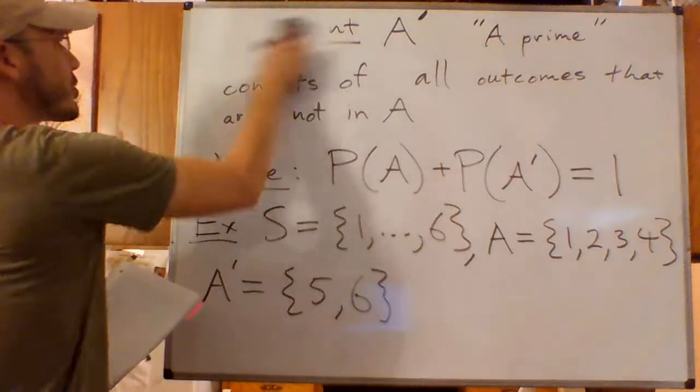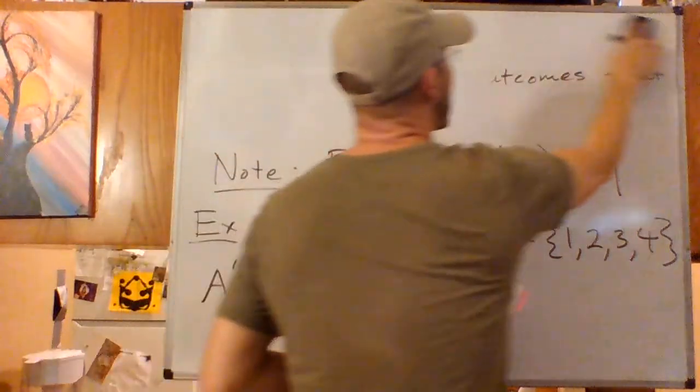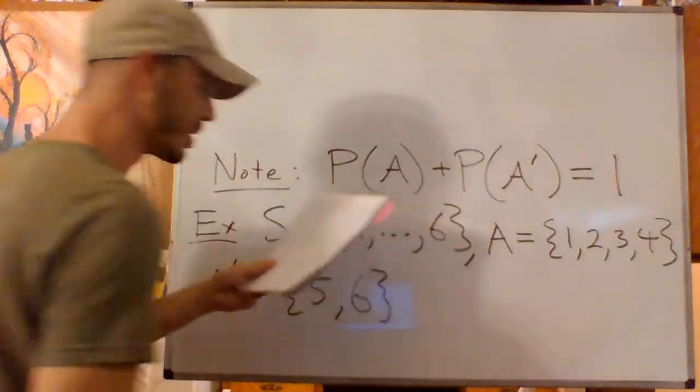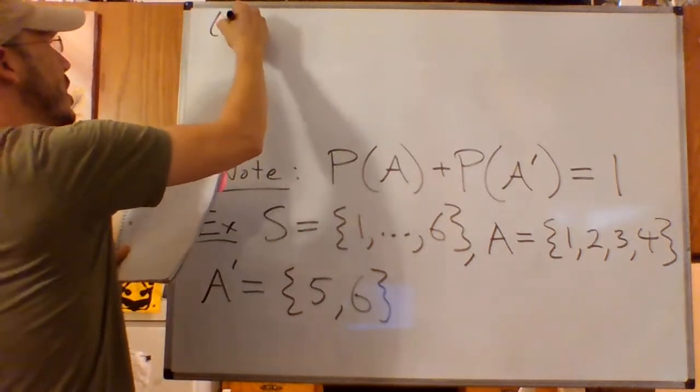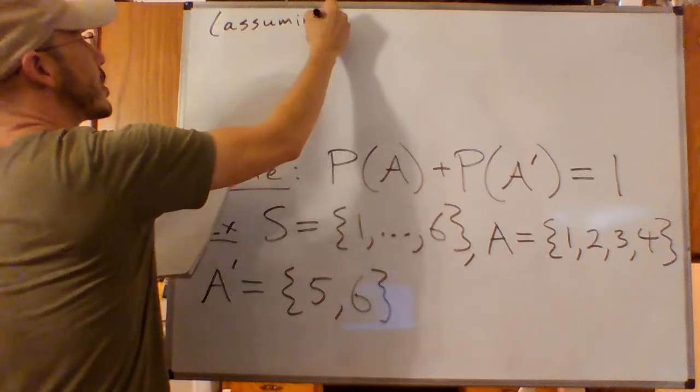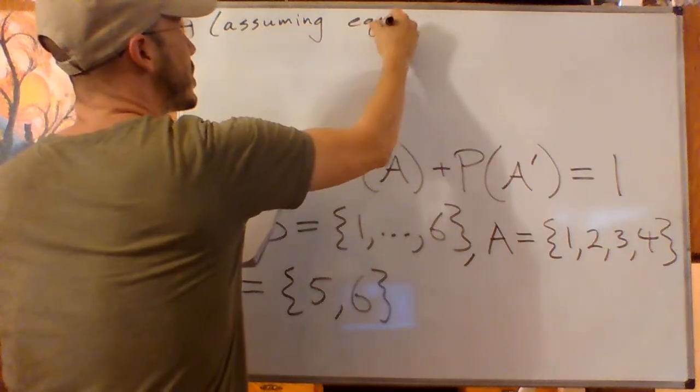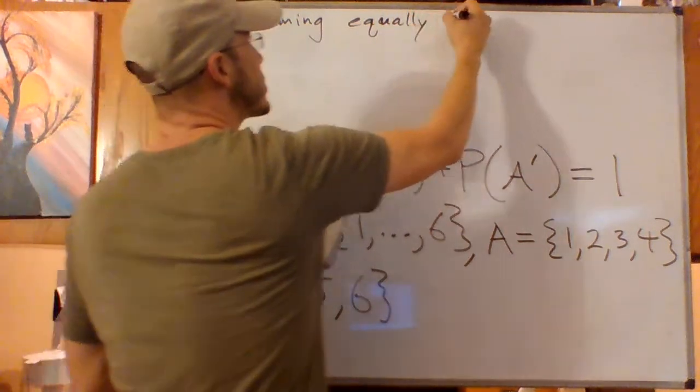I'm going to go a little bit further with this example to actually start to look at some probabilities. So what I'm doing here is assuming equally likely outcomes.